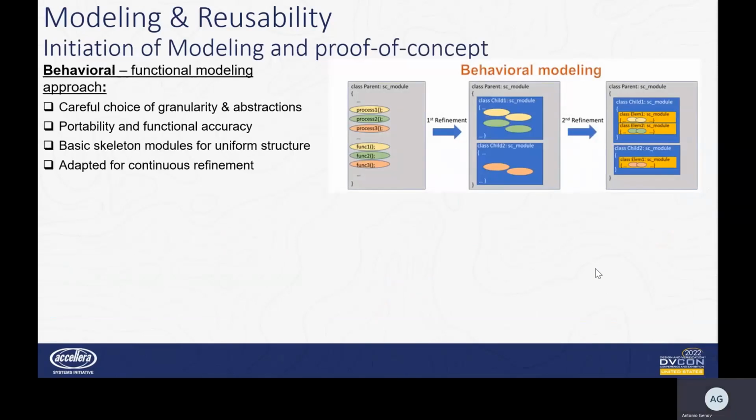In order to start the modeling and the proof of concept steps, we had to choose very carefully the granularity, the abstraction, and the portability of the functional modeling approach, because at system level, we are very limited in terms of time and resources. We have created basic skeleton modules allowing to keep uniform structures for all blocks, which are well adapted for continuous refinement.